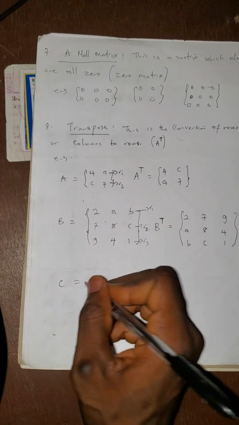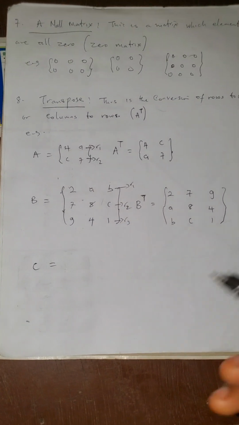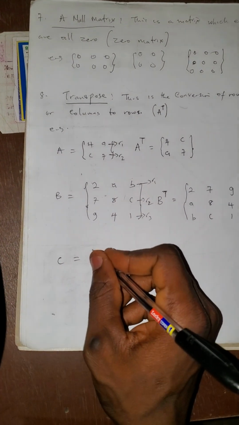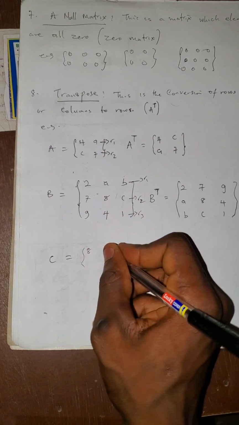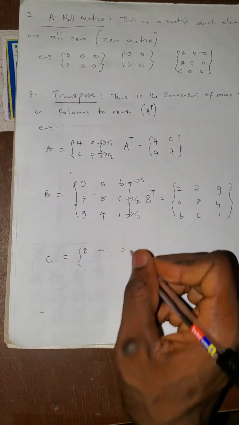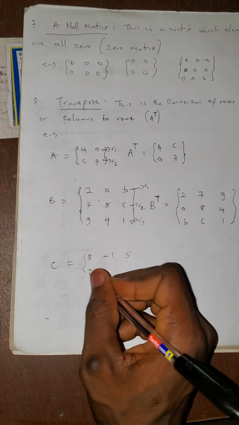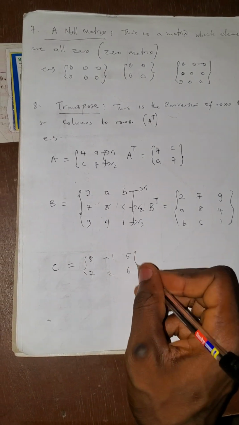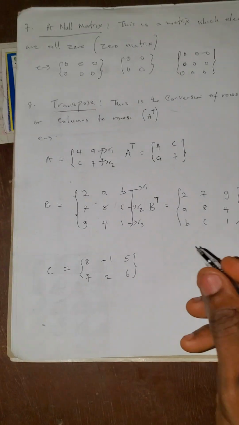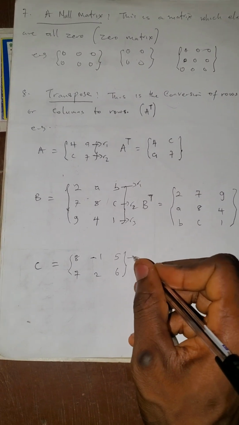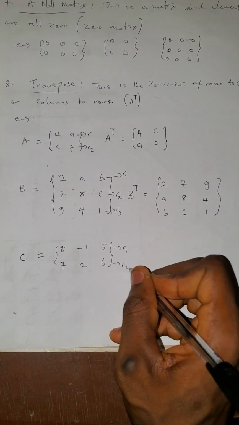Now matrix C, if you have 8 minus 1, 5, you have 7 2 6. What will be the transpose of this matrix? This is row 1, this is row 2.